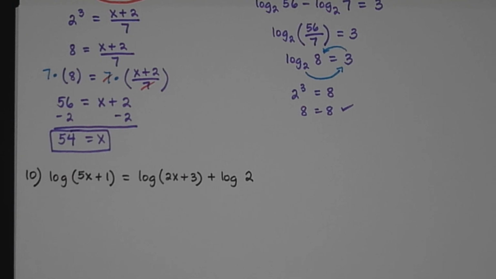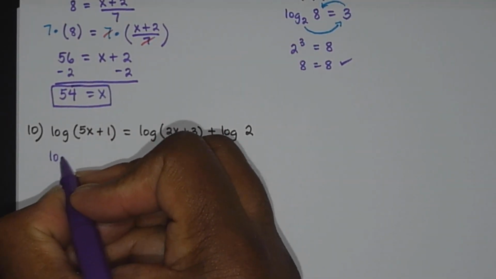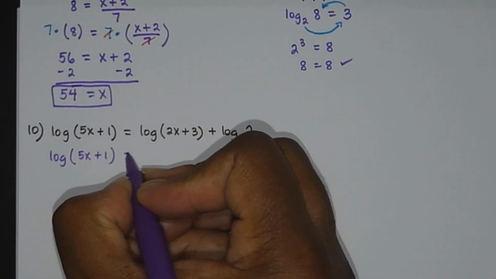So to start this problem off, I need to make sure that each side of the equation is a single logarithm. Well, the left side is already a single logarithm, so I'll go ahead and bring down that log of 5x plus 1, and that's equal to.